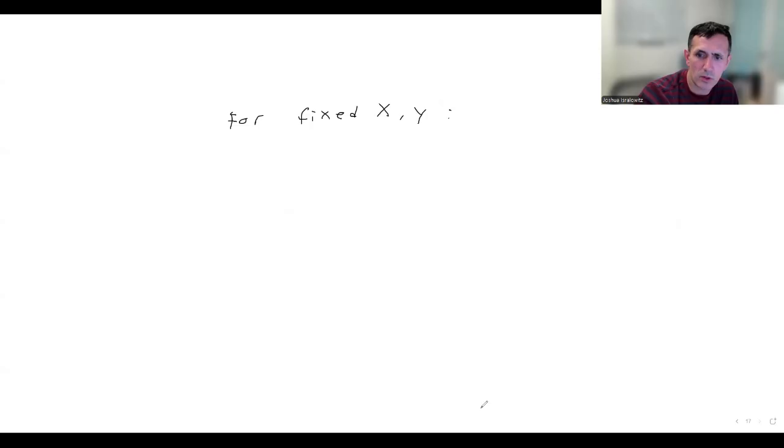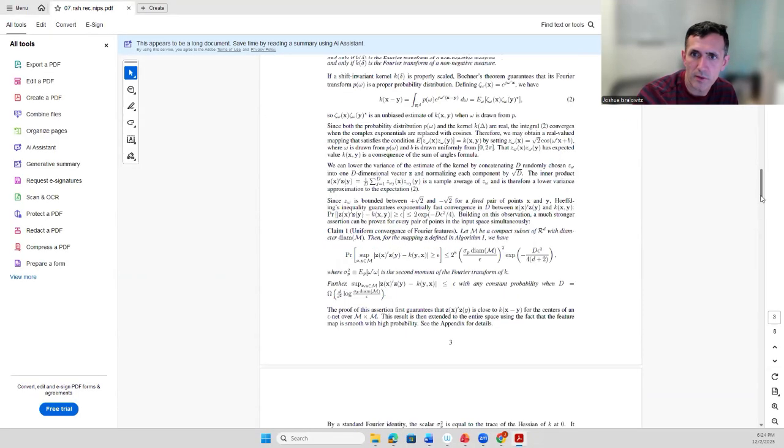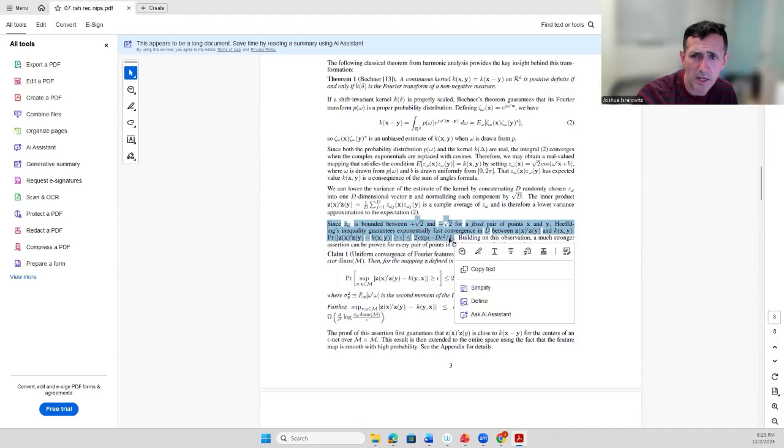So what I'm going to do here real quick is get this inequality here. I actually get 8 here. I don't know how they get 4. I don't know if it's a typo or I'm doing something wrong, but I got an 8. Who cares, 4 versus 8? It is exponential decay.